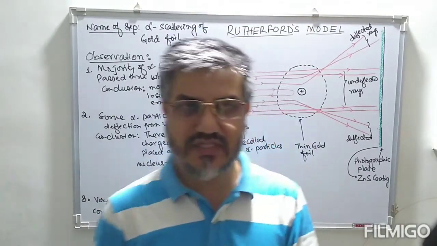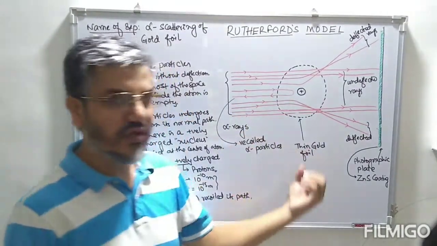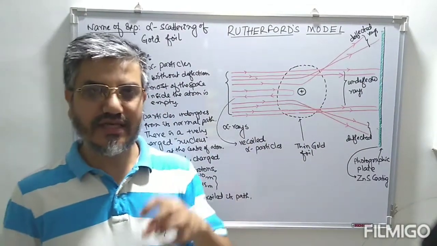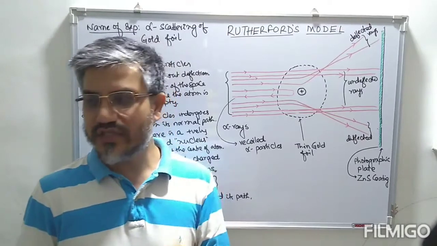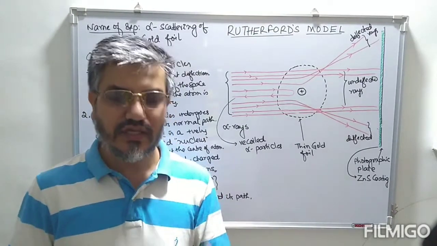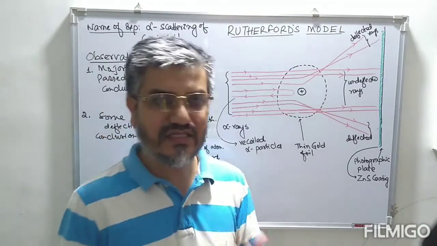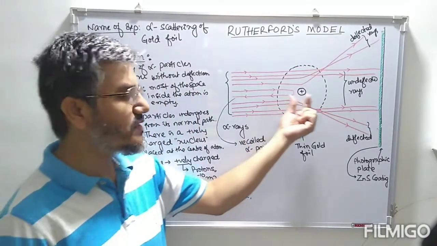So the observation is that very few alpha particles recoil their path, and the conclusion is that the centrally placed, extremely small nucleus is highly rigid, and the mass of the atom is totally concentrated inside this nucleus.